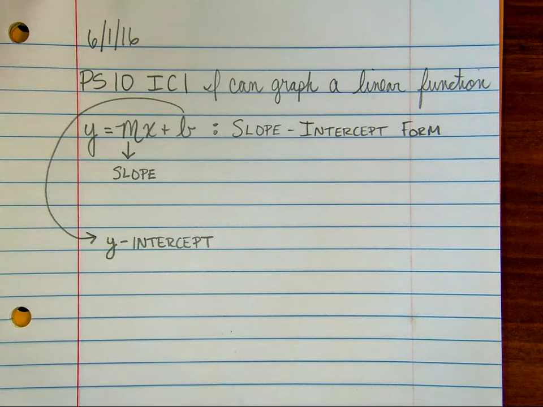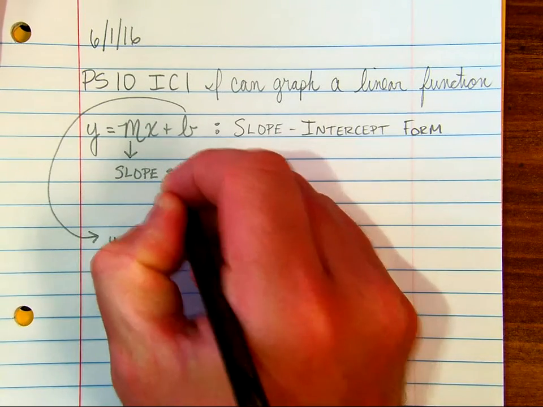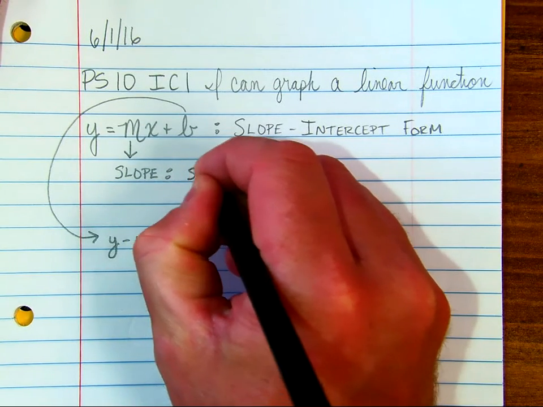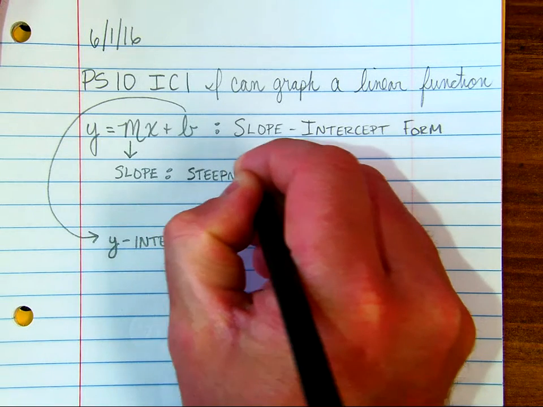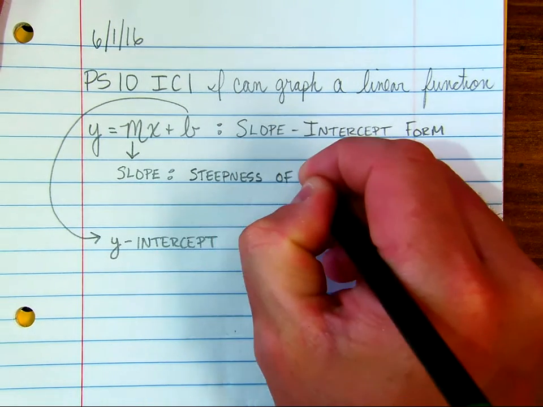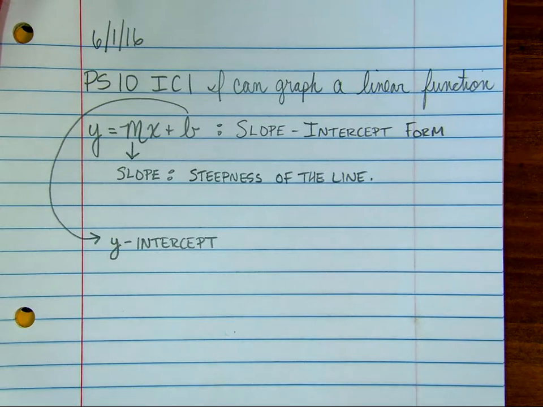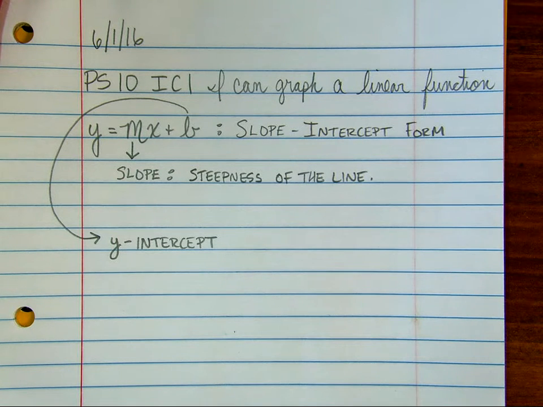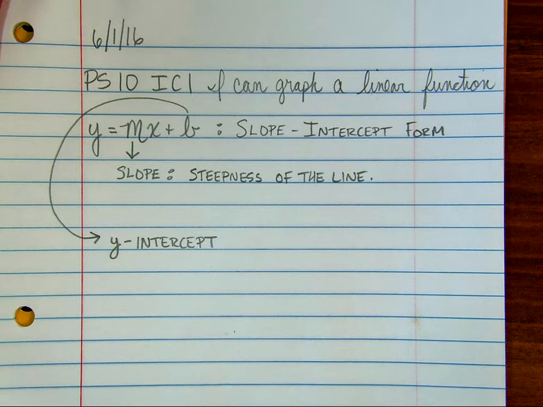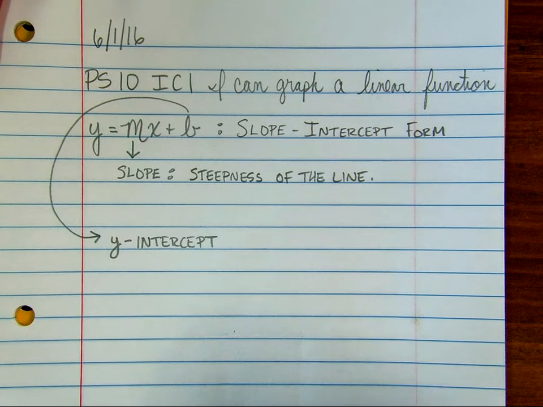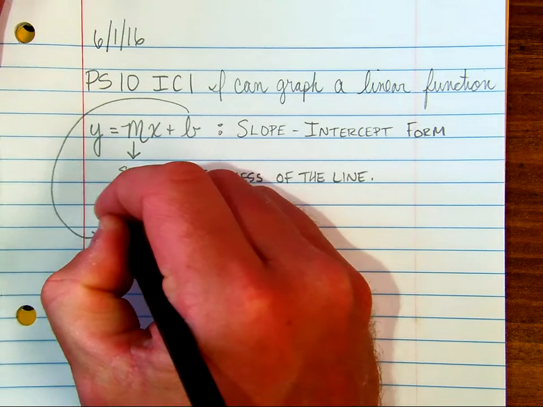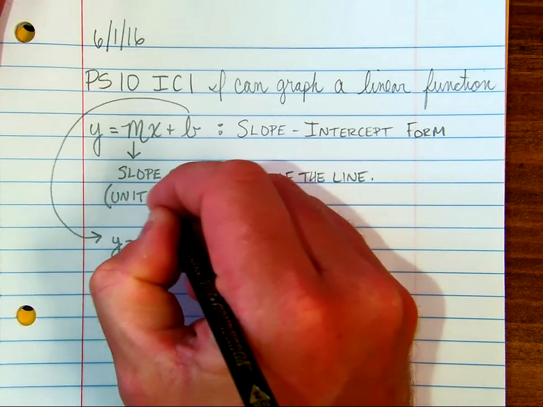What does slope mean? Slope is the steepness of the line. The bigger the slope, the steeper the line. The smaller the slope, the less steep the line will be. And remember, when you think of slope, I really want you to think of and concentrate on that phrase, unit rate.